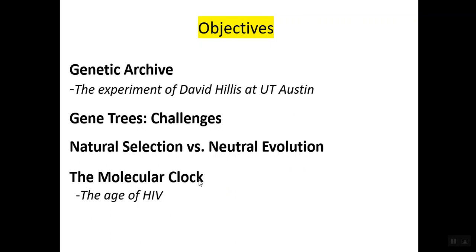The concept of molecular clock really is a concept which also helped understand the age of the HIV virus. We're going to talk about viruses quite a bit in this lecture, and again, now more than ever, you will be interested, I hope, in knowing more about viruses and how they behave.